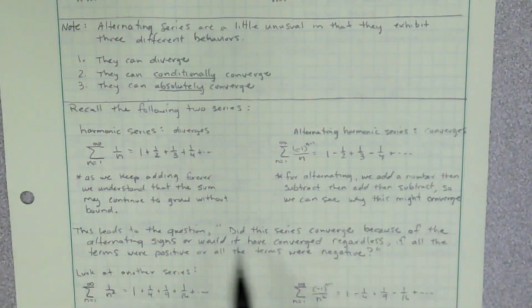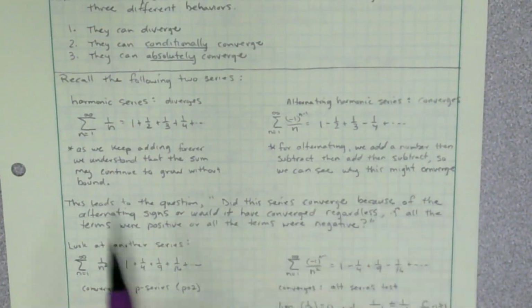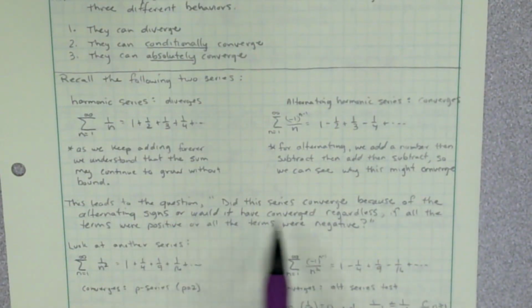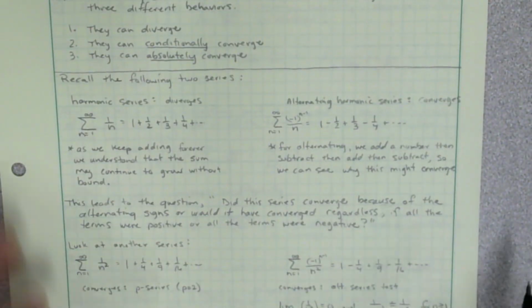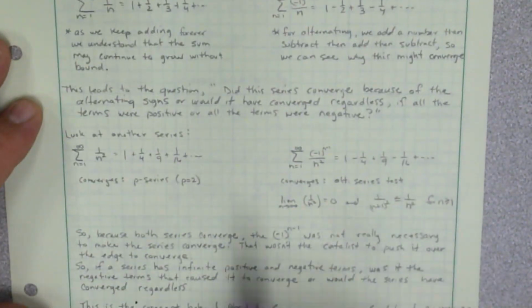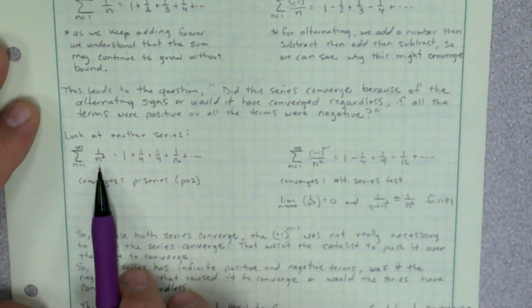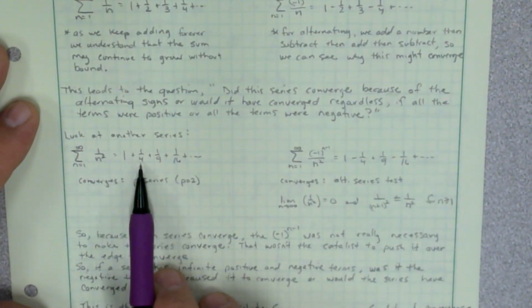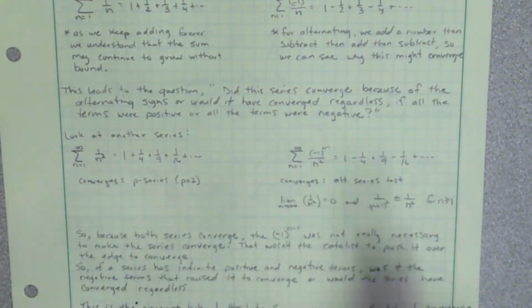So the question that comes out of this is, did this series converge because of the alternating signs, or would it have converged regardless if all the terms were positive or all the terms negative? Okay, so look at this series right here, 1 over n squared: 1 plus a fourth plus a ninth plus a 16th converges because it's a p series and p is equal to 2.